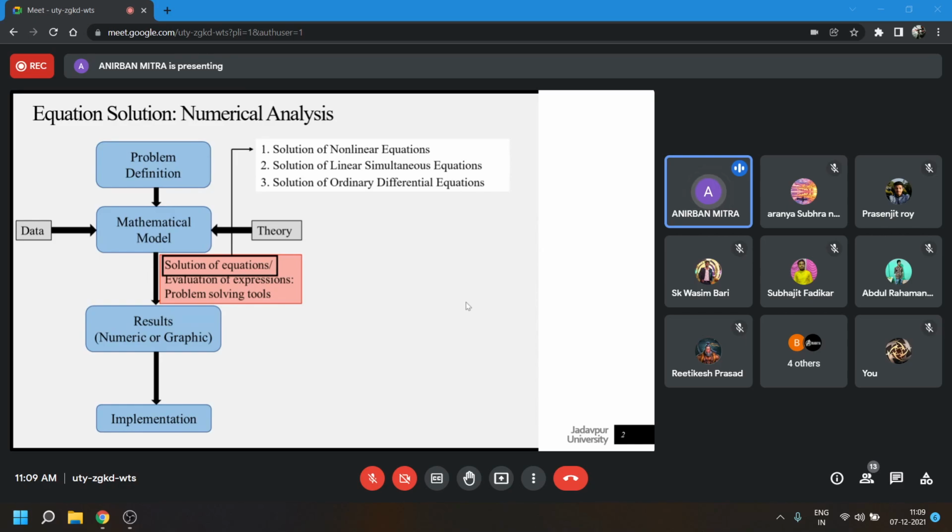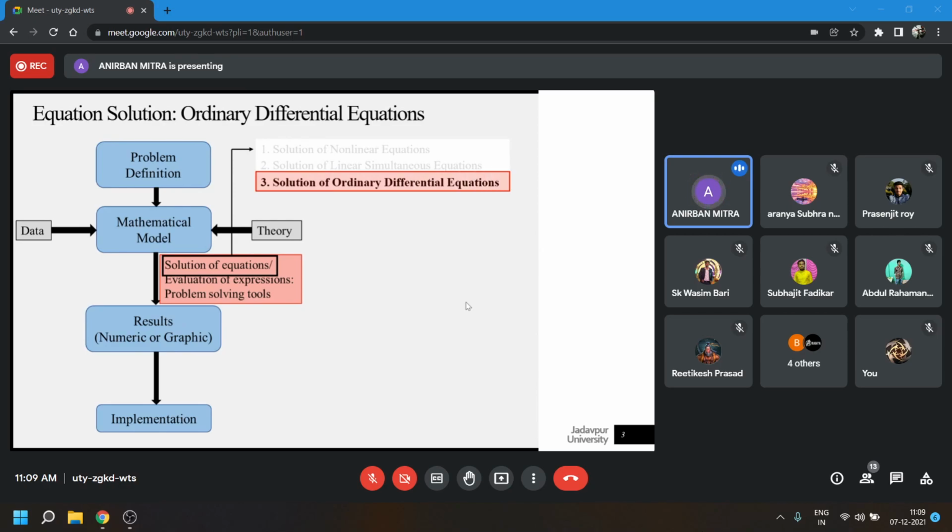Previously, we have talked in quite a bit of detail about solution of nonlinear equations as well as solution of linear simultaneous equations. Today, we shift our focus to solution of ordinary differential equations, or ODEs as they are known in short. So what are ordinary differential equations?